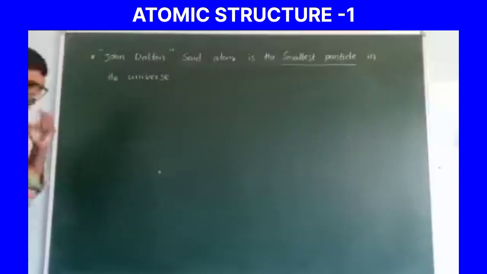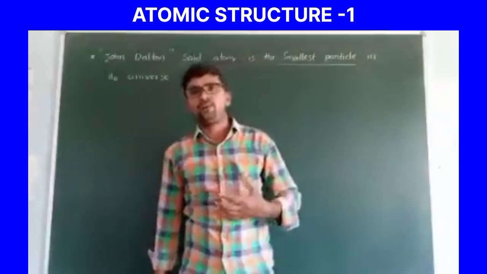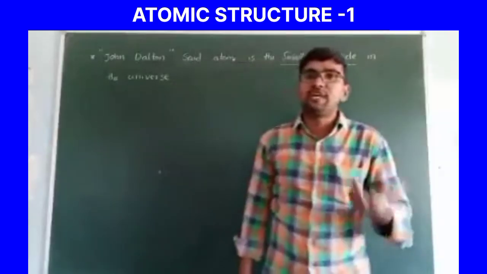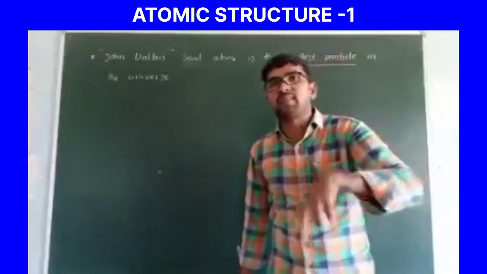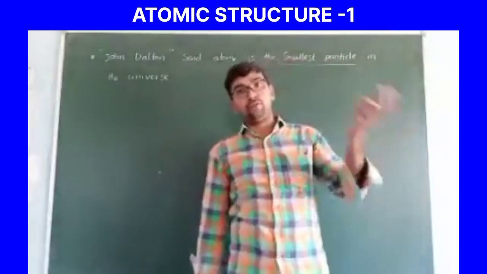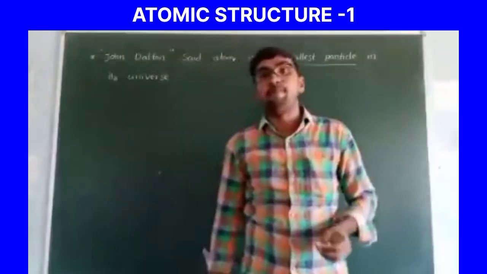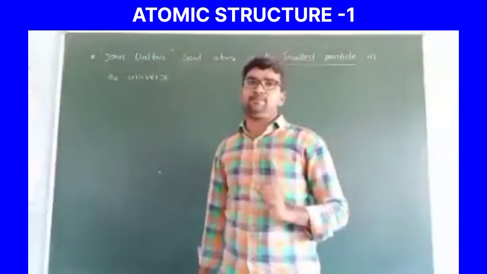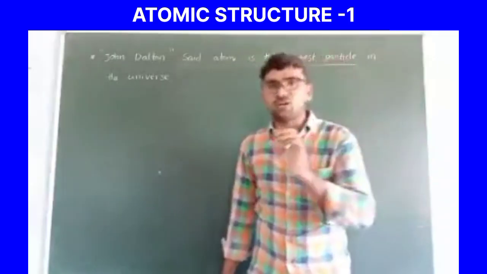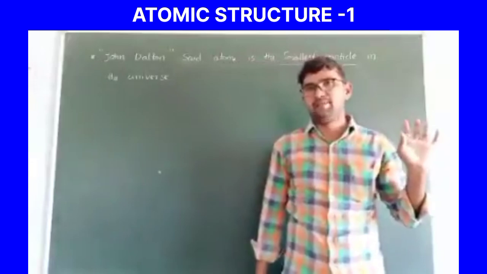But after a few years, many physical scientists worked on the atom. They realized and discovered many new particles smaller than the atom. And one more important point: those smaller particles are present inside the atom. Those are called subatomic particles.